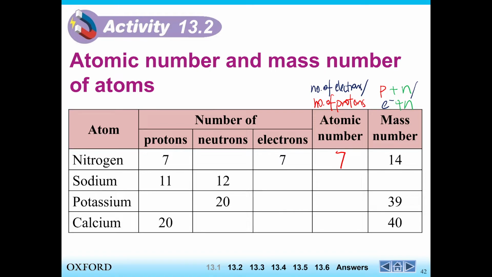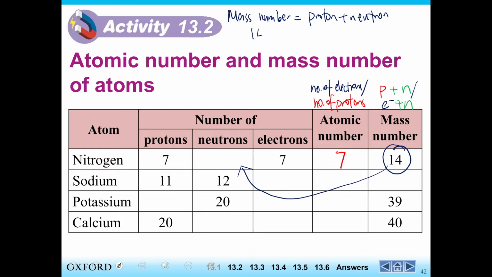Now, mass number is protons plus neutrons. But this time you're given the mass number. So how can you get the number of neutrons? To do the simple math, the mass number is equal to proton plus neutron. The mass number is 14, and the proton is 7.